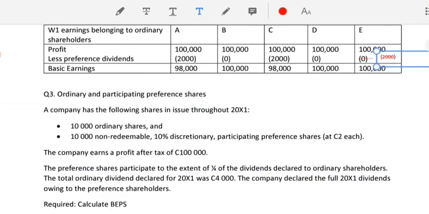That's what it's supposed to have there. And it's supposed to have 98 there. All right, that's how we have calculated the basic earnings in question number 2.